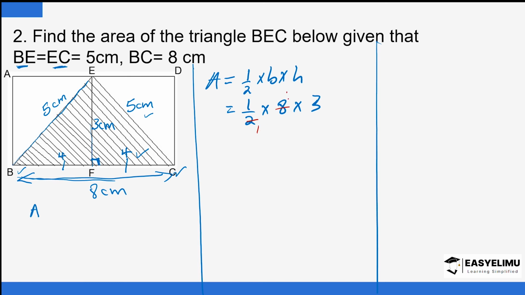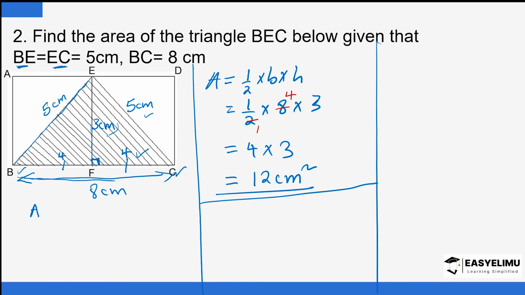So 2 here, 1, 2 there, 4 times. So what you have now is 4 by 3, which is equal to 12 square centimeters. So that is easy.